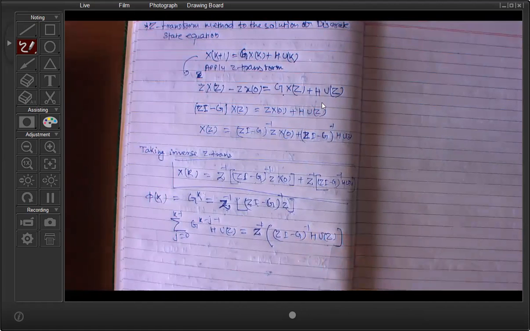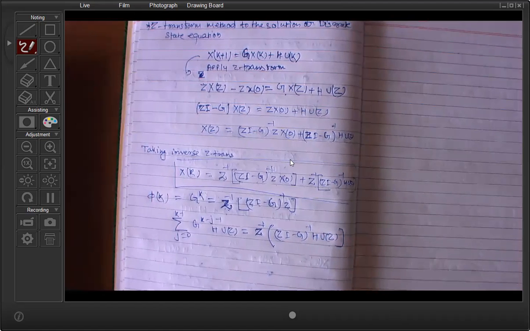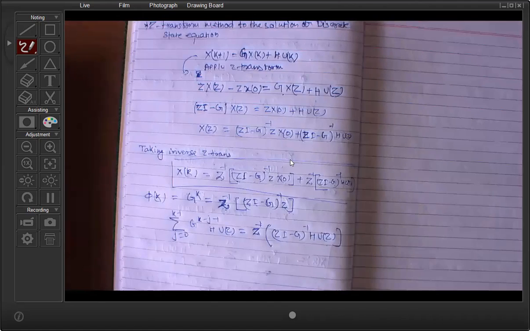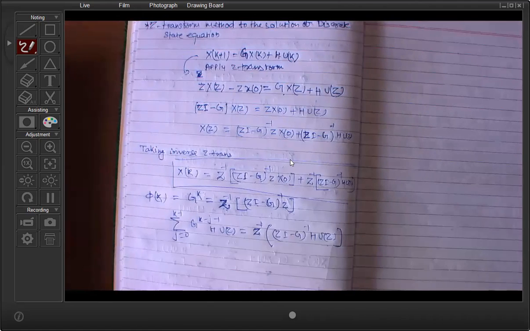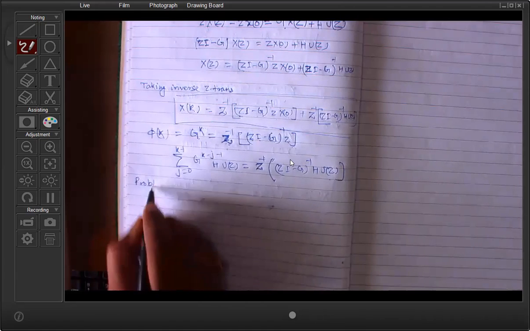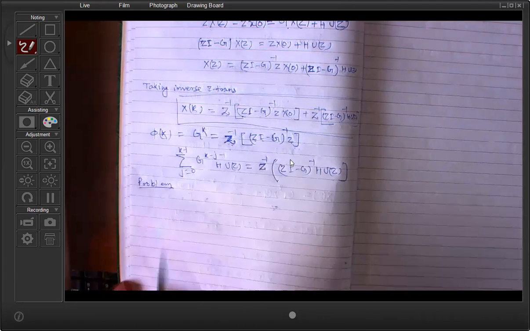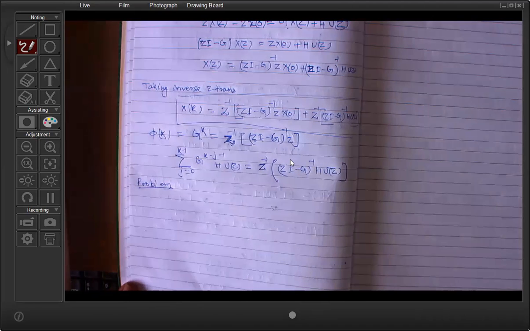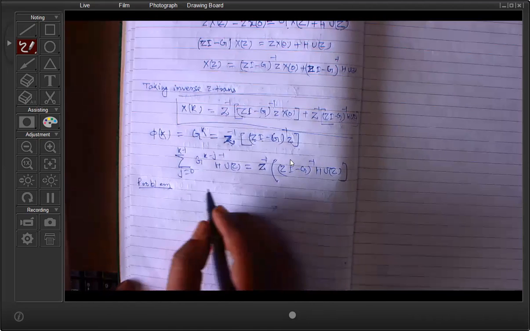Now we have to solve one problem so that you can understand how to find the solution of the state variable equation. Problem number 1: obtain the state transition matrix and the solution for the given system.